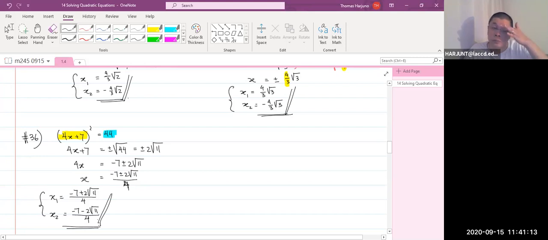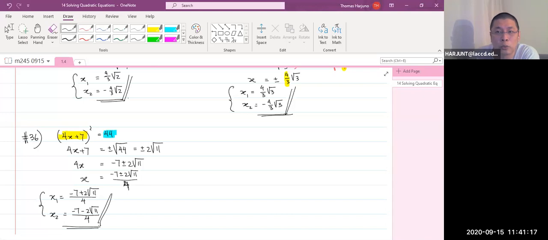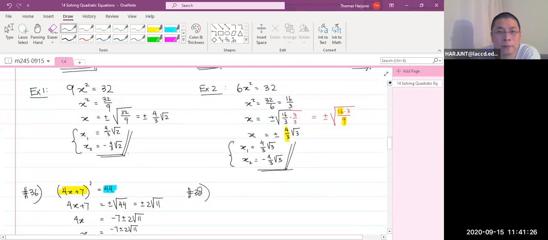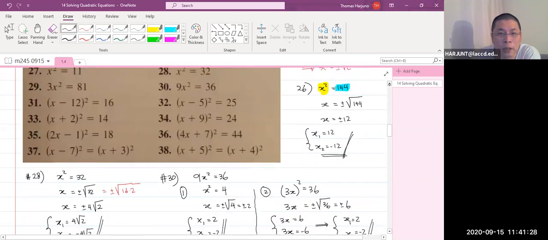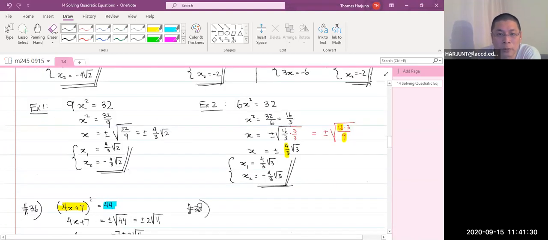No. Now, question number 38 is actually not really related to what we do here, but it uses the same technique. Number 38, we have x plus 5 squared equals x plus 4 squared.